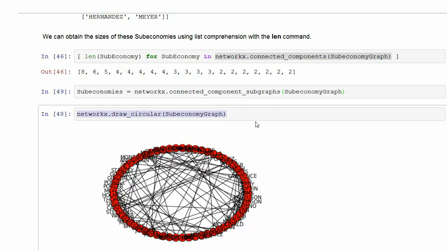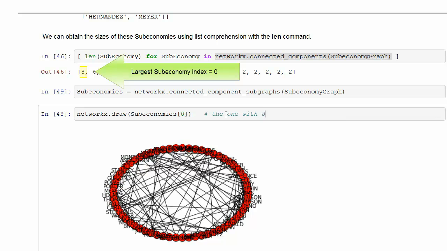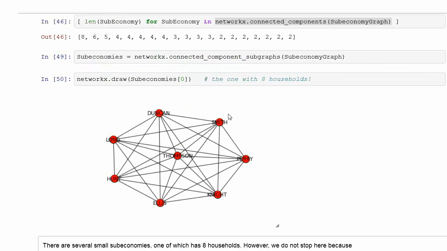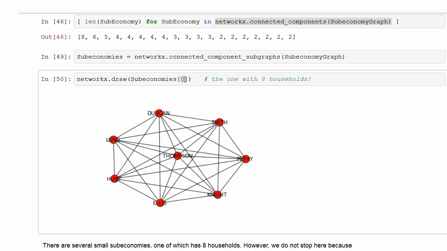There's 8 of these. And so these are the subeconomies. So let's look at the 0th. That's the one of size 8. So this is our largest subeconomy. And there you see it. Duncan, Thompson, Ellis, so on and so forth.